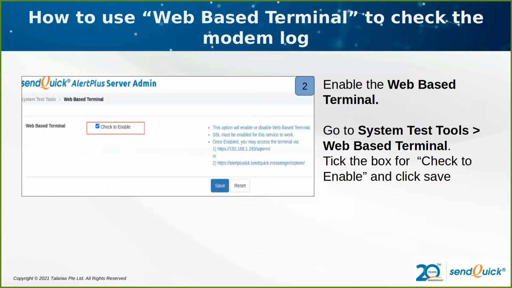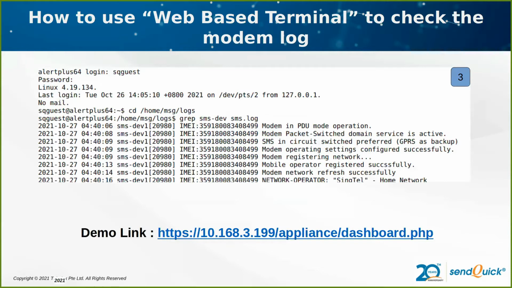The second step, you just need to go to System Test Tools, web-based terminal, and check to enable it. Once you access the web-based terminal with the user ID and the password, you can run simple commands to check the modem status.